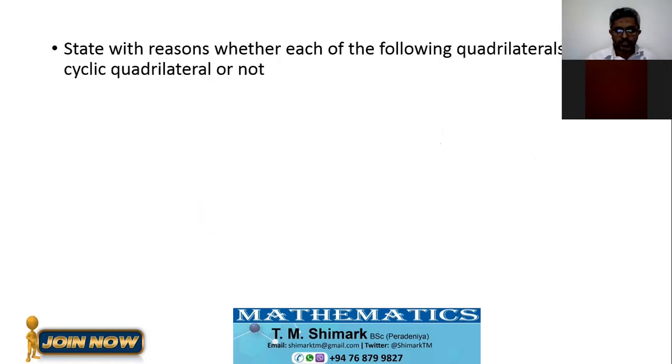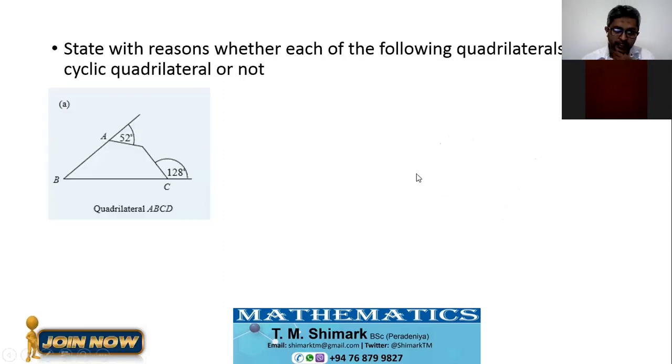Now let's check with the following questions. Can you tell me this ABCD, is it a cyclic quadrilateral or not? That's all we have to tell. Let's check the angles here. This one is going to be 52, this one is 128, right?